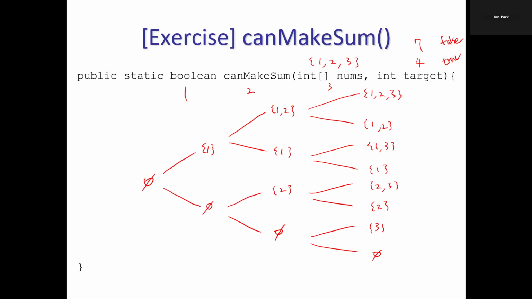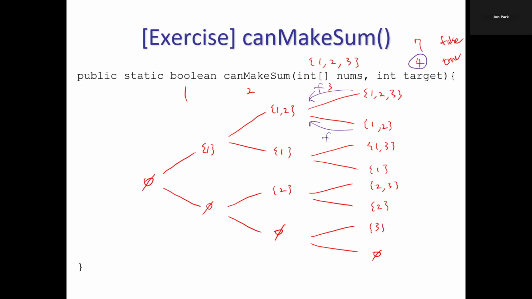And there, once you get to the base case, we want the right value to be returned. So if our target is 4, then the set 1 to 3 should return false because it doesn't add up to 4. 1, 2 should also return false because they add up to 3, which is not the same as 4.